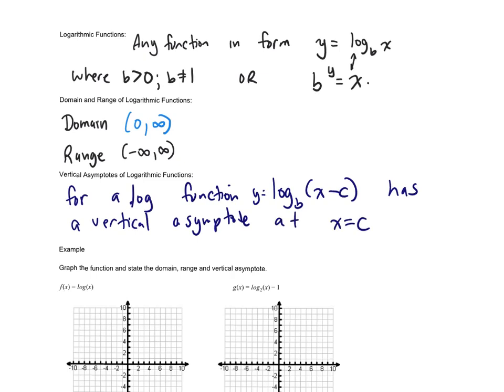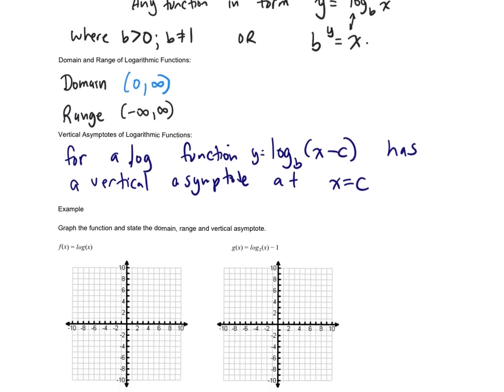So again, it's inside the function, so it's basically the opposite of the sign you see. If it's a minus sign in there, it becomes a positive vertical asymptote. If it's a positive, it becomes a negative. Now, in general, if there's nothing inside the parentheses, we just consider it 0.